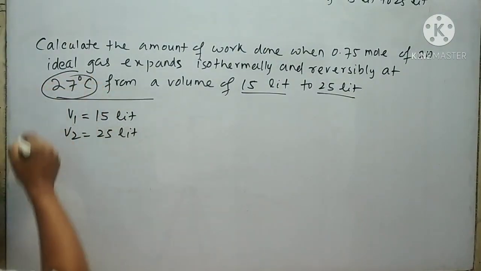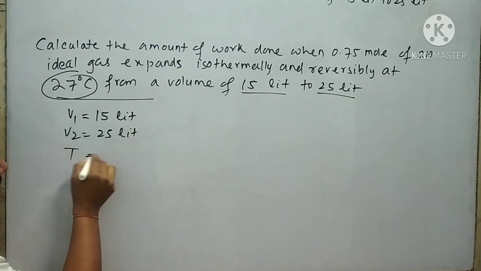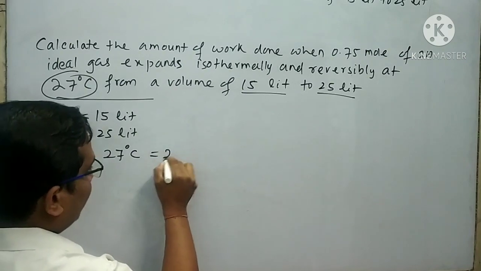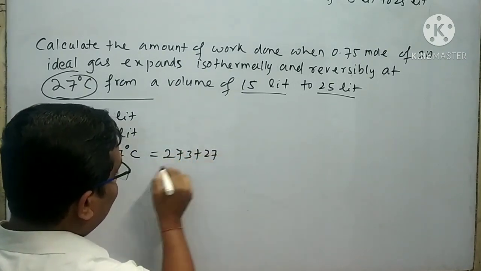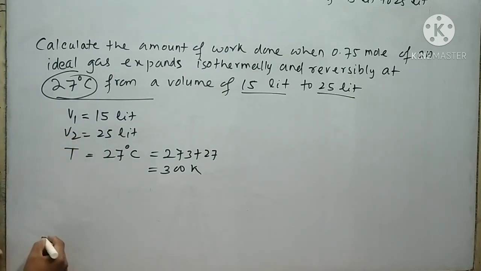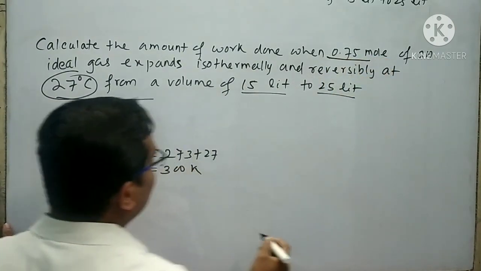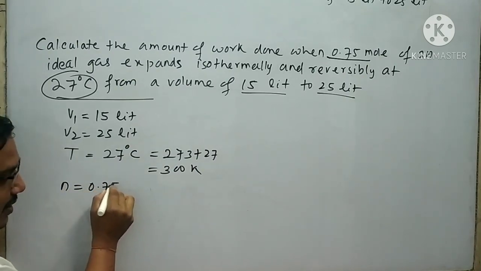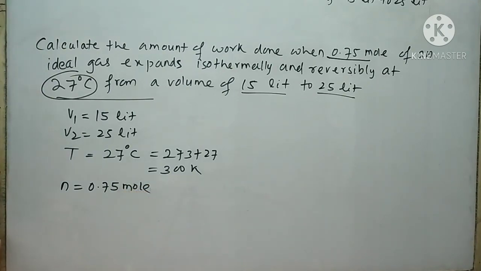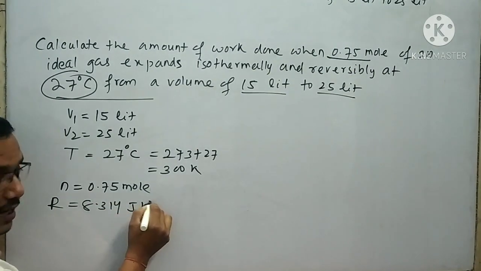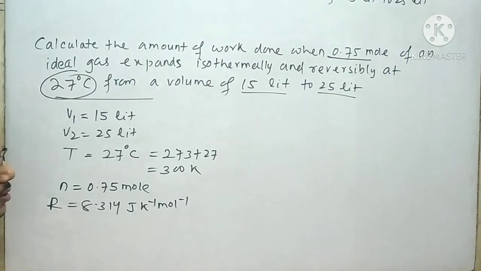Here temperature is given, so I can write T equal to 27 degree centigrade, which is equal to 273 plus 27, that is equal to 300 Kelvin. Here n is given, that is 0.75 mole. We know that the value of R equal to 8.314 joule Kelvin inverse mole inverse.